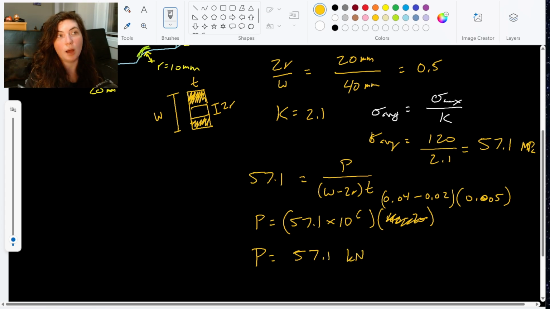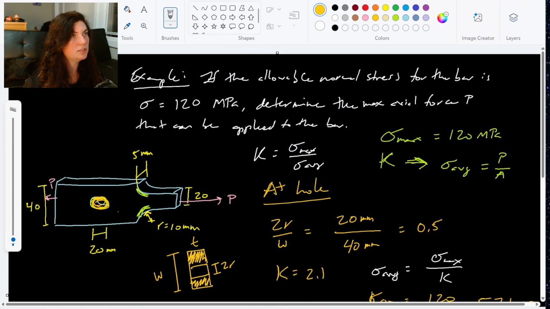So that's our first option, right? That's the option if the limiting factor stress concentration is at the hole. But we still have to check that other case, right? This was case at hole. We need to also check for case at, I'll do it in blue, case at fillet, I guess I would call it.